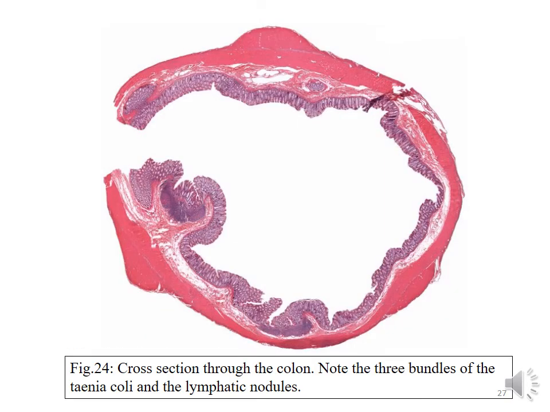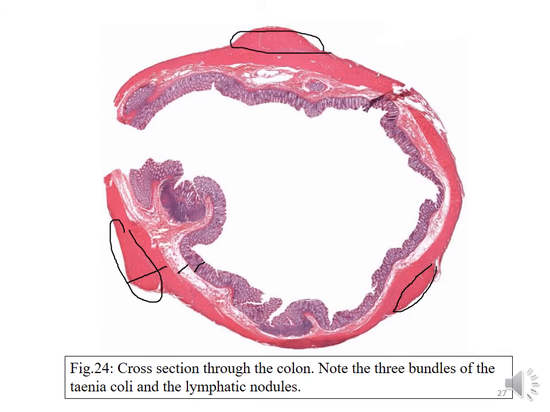Here is a cross section through the colon. We can see this is the mucosa, this is the submucosa, and here we have the muscularis externa. We can see here we have a bundle of teniae, and this is another bundle, and here is another bundle.